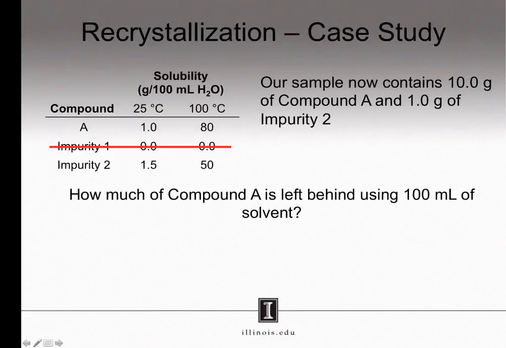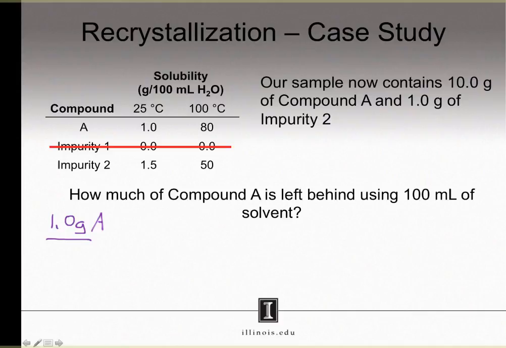How much of A did we lose in this process if we used 100 milliliters of solvent? Well, we know the solubility of compound A. We know that at the cold temperature, 25 degrees Celsius, 1.0 grams of A will dissolve in 100 milliliters of water.